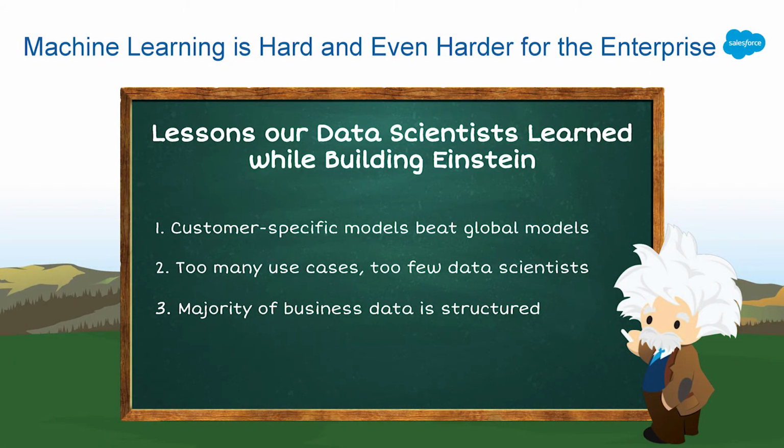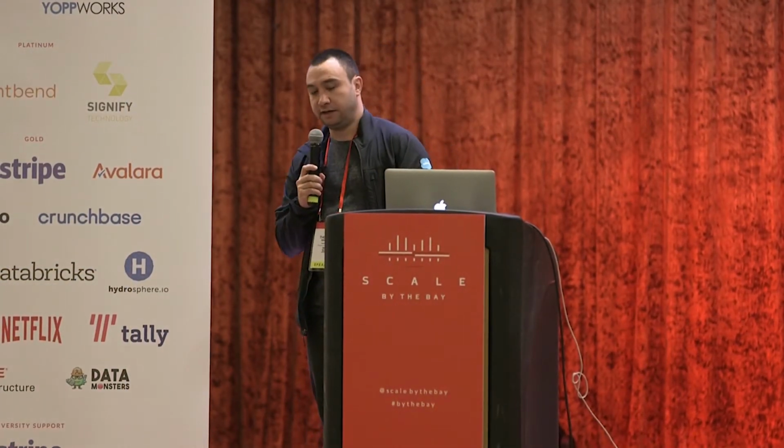The silver lining, though, which is the third learning, is that the majority of business data that we deal with is structured. And this is a boon for the data scientists because they can leverage the structure to automate machine learning as much as possible. If you're interested, this is not the purpose of this talk, but check out our open source AutoML library called TransmogrifAI. It's pretty cool. I'll link a slide at the end.